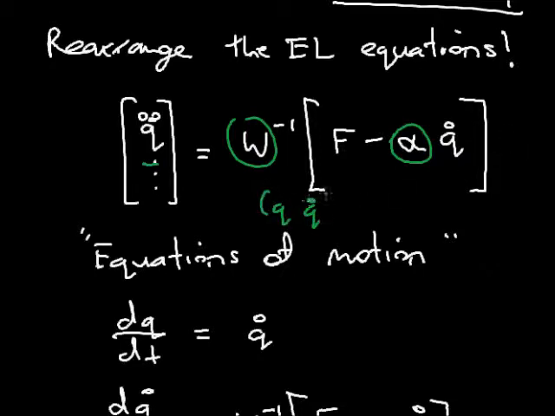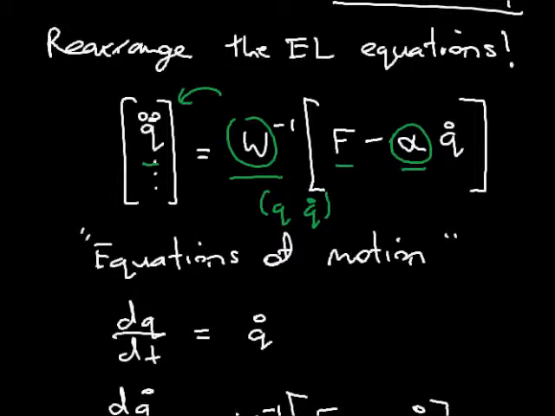And these n by n mixed second partials form n by n matrices. So this matrix is called the Hessian, and if it is invertible at every point q and q dot, the Euler-Lagrange equation gives us q double dot, the increment in q dot between successive infinitesimal time steps in terms of q and q dot.